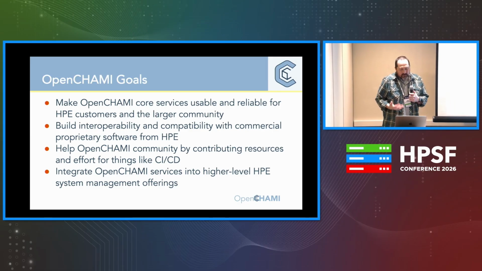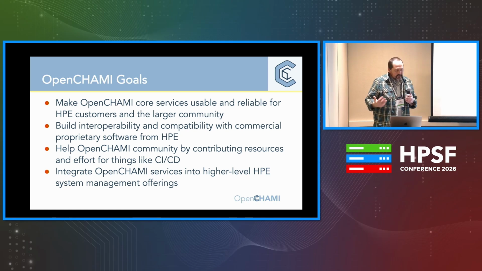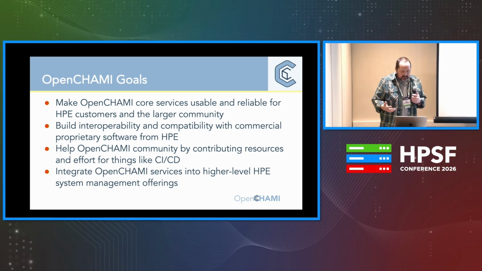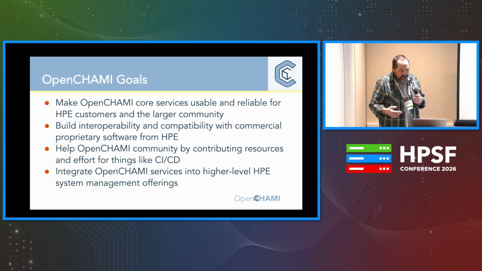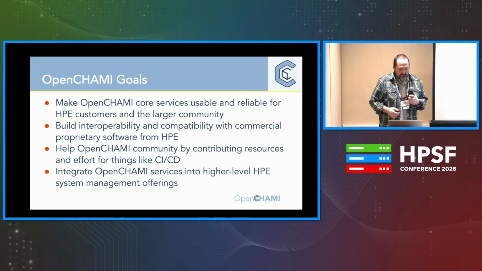And we want to help support the OpenCHAMI community by contributing resources and effort for things like automated testing, CI/CD. And lastly, the hope is to be able to integrate the resulting OpenCHAMI services that the community develops into other higher level HPE products for system management.